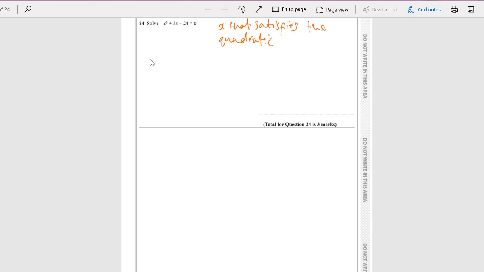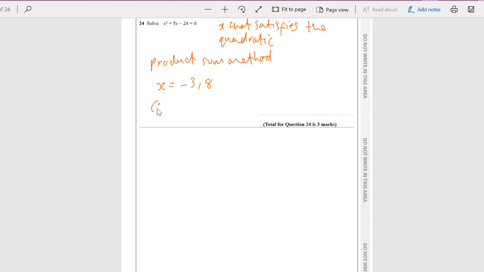We could use the product sum method here. I can look at this instinctively and say that my x values could be minus 3 and 8.